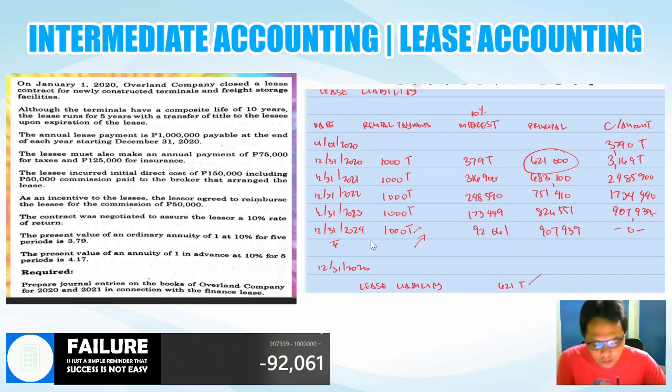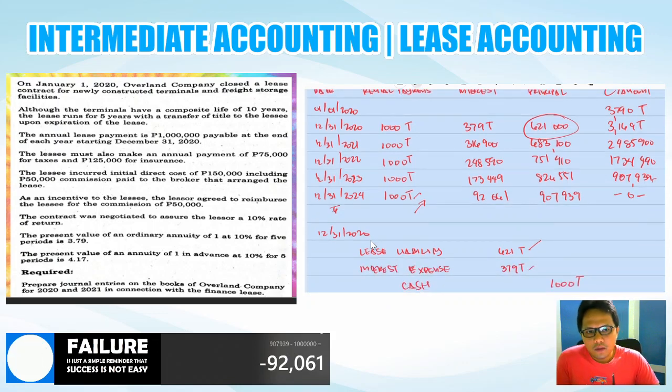Okay? So after making this amortization schedule, your entry in 2021 would debit lease liability at 683,100, interest expense at 316,900, cash at 1 million.